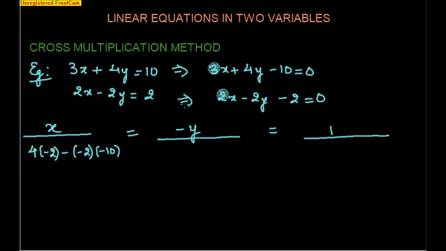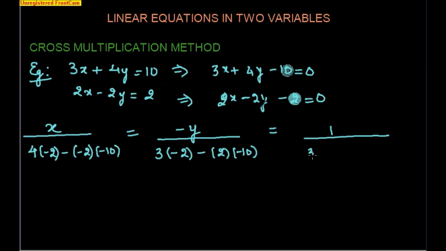Similarly, we have to write the values below y. So we hide the coefficients of y. And now I multiply from right to left 3 into minus 2 minus 2 into minus 10. Comes the constants. So we hide the constants and we multiply the coefficients of x and y.